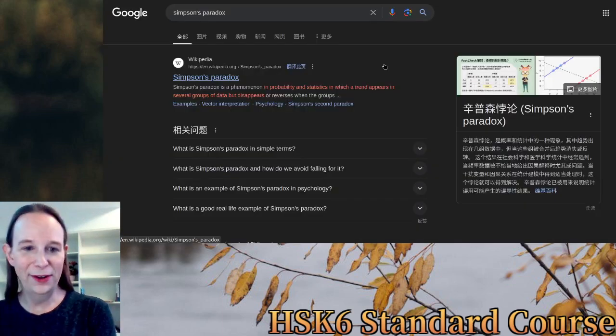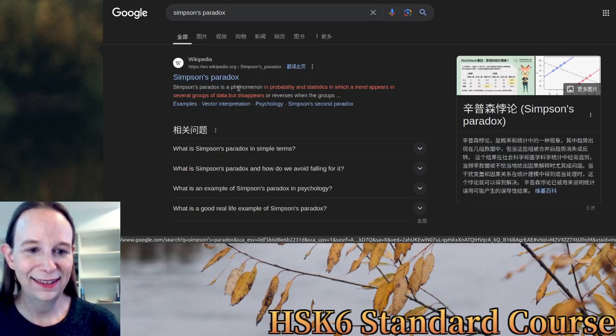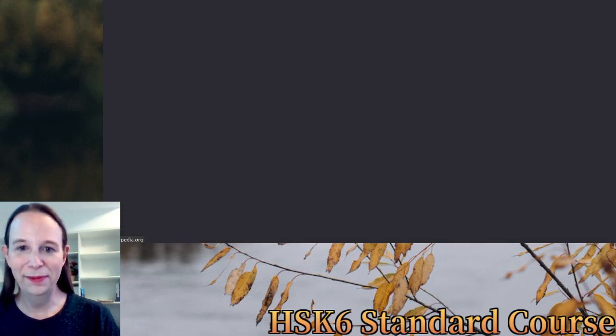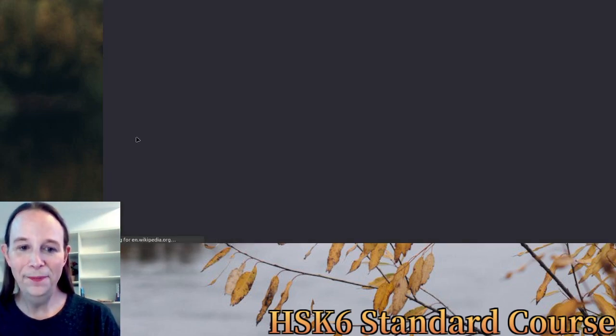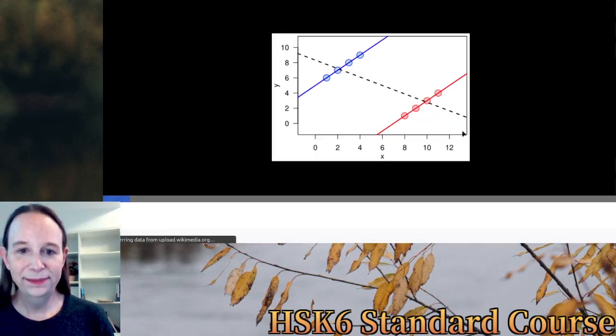And it's what happens if you don't have enough data. Here's a good plot. You can go read the Wikipedia page, or maybe we will read the Wikipedia page. What's going on? Is this my internet? Yeah, that's a good plot.